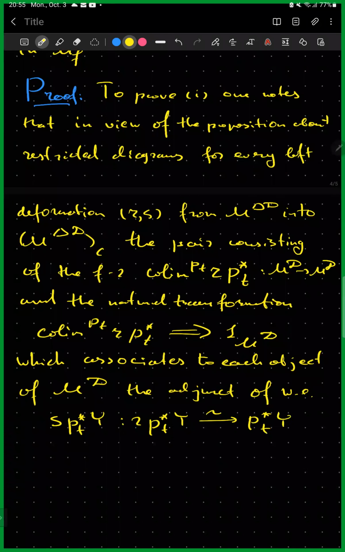So we just use this information to give us these weak equivalences.